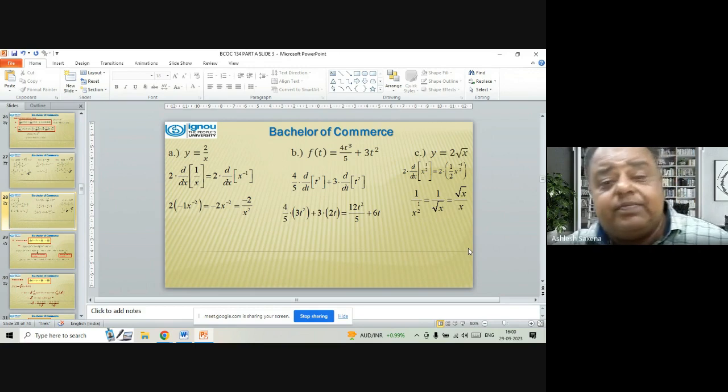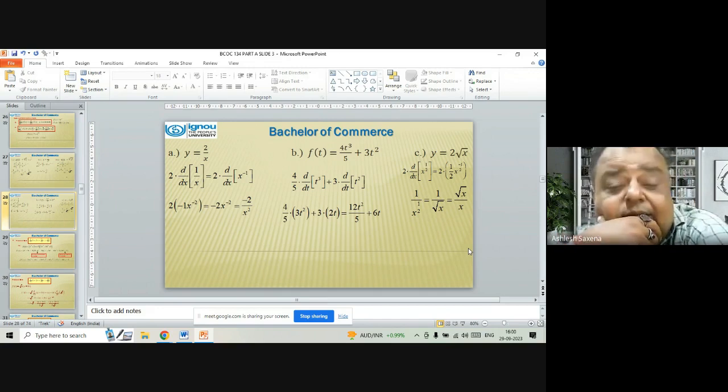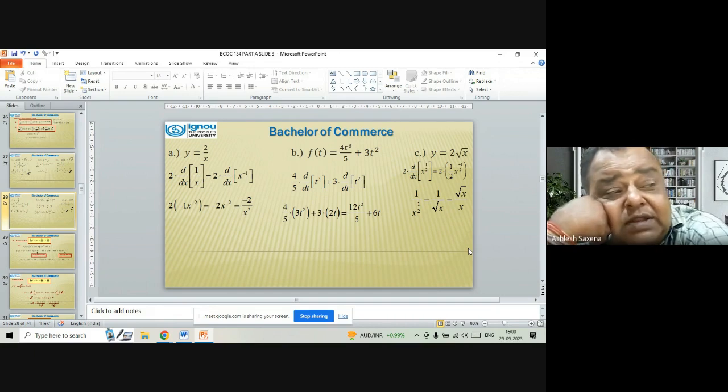Another problem. Now here you have 1 upon x. That means 2 into 1 upon x. You will be bringing this 2 in front, and your functional value is 1 by x. 1 by x means x is to the power minus 1.